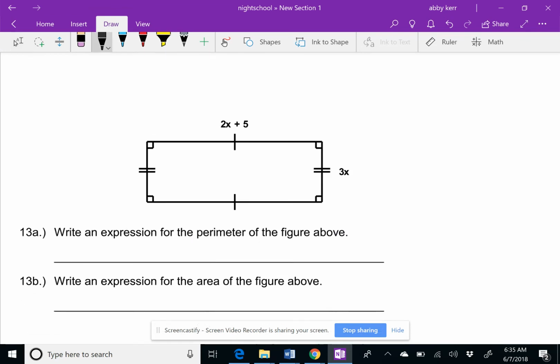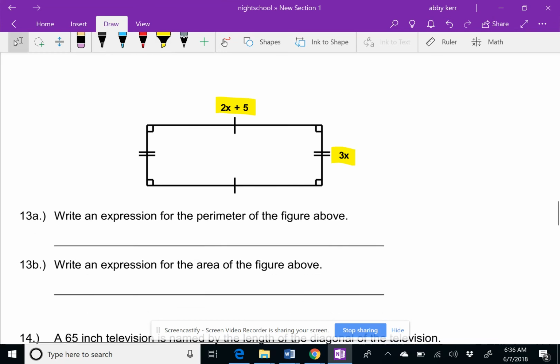13, I know it looks difficult because it's a diagram and students don't like diagrams, especially with a binomial for the length and then a monomial, one term, for the width. But if you remember from first semester, we did perimeter equals 2L plus 2W.